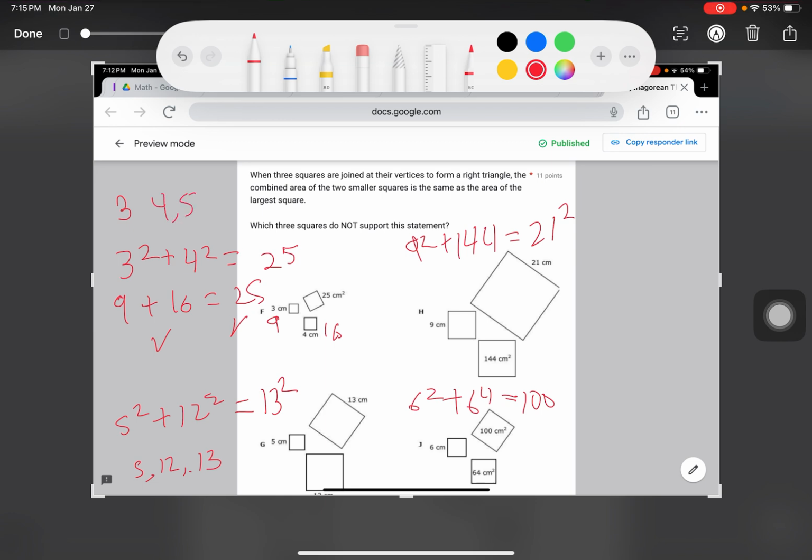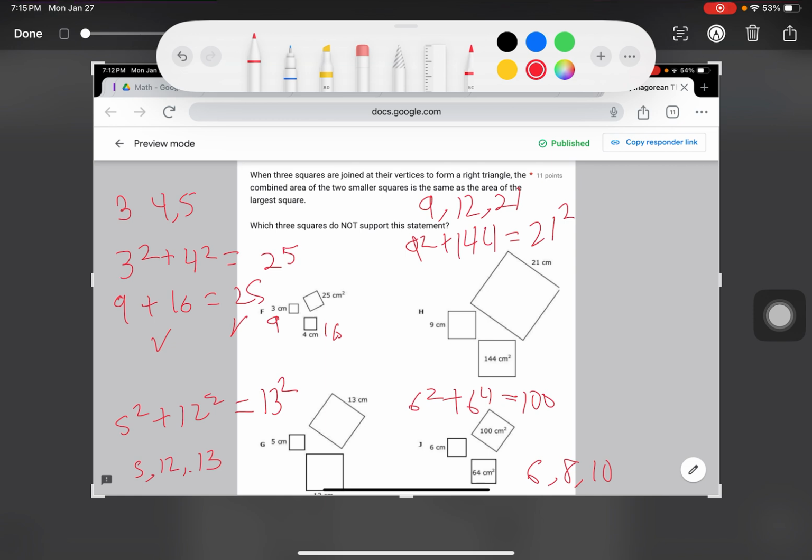This one will be 9, 12, 21, so you take 9 squared and 12 squared, add them together, and see if you get 21 squared. This would be like 6, 8, 10. You do 6 squared plus 8 squared and see if you get 10 squared.